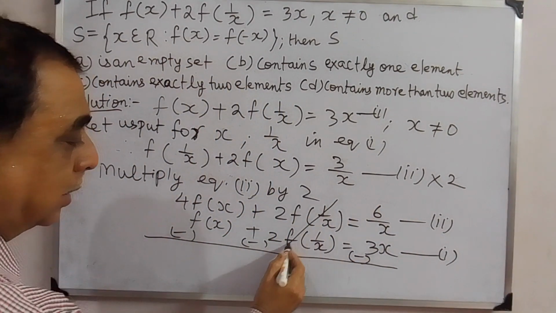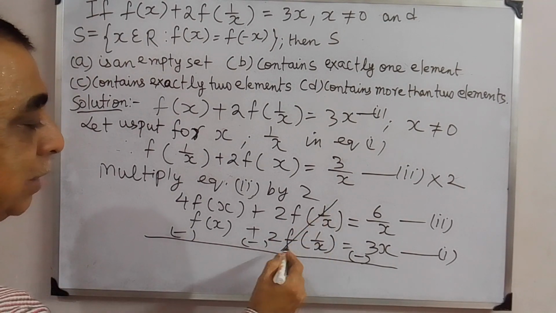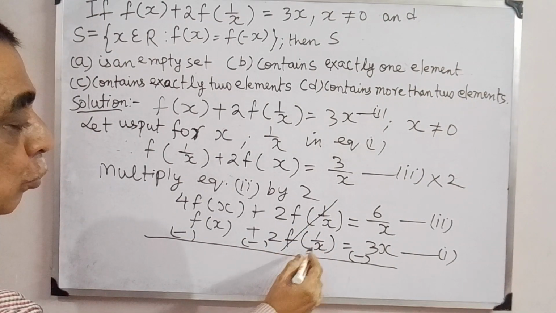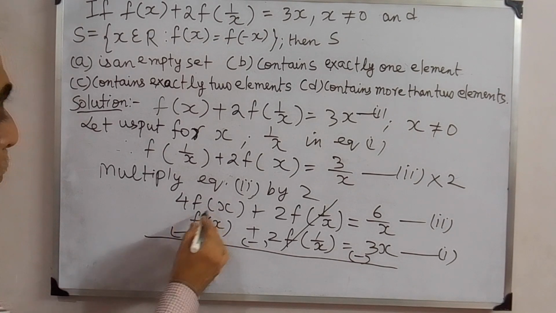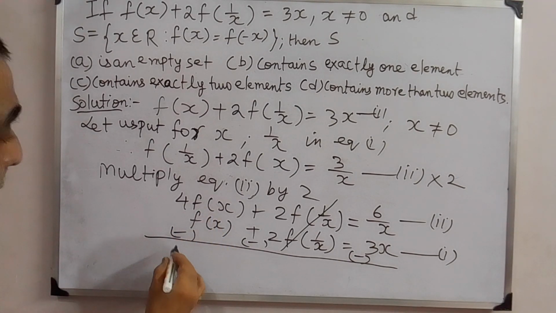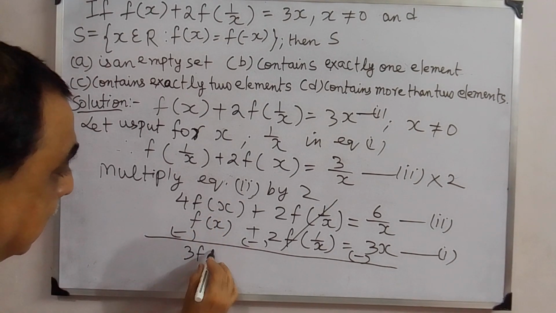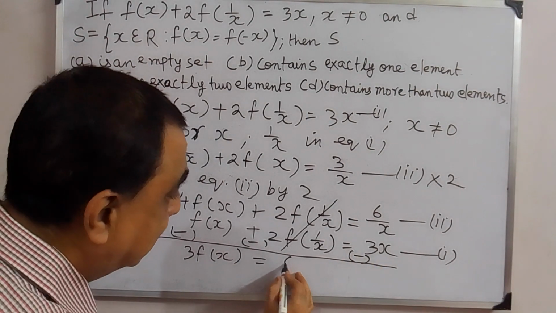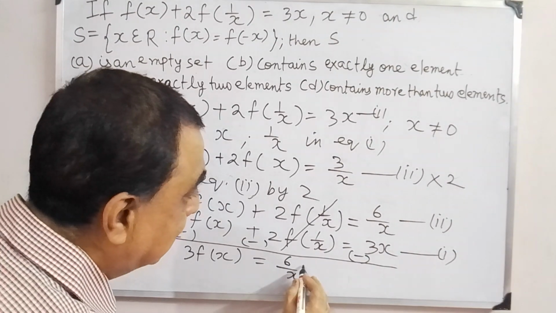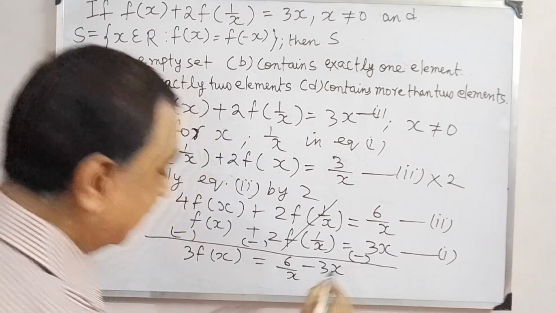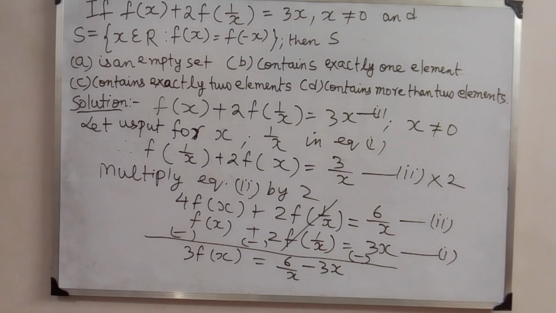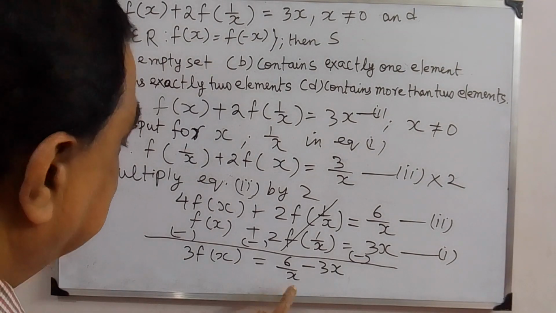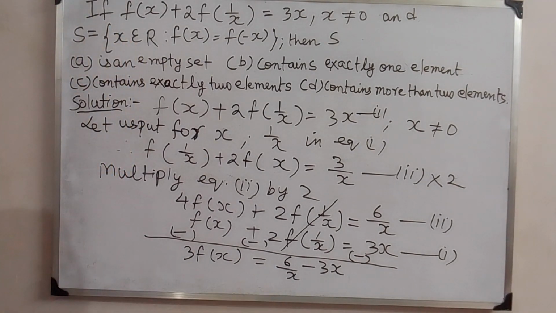So 2f(1/x) and minus 2f(1/x) will cancel out. 4f(x) minus f(x) will become 3f(x), and the right side will become 6/x minus 3x. So this is a relation between f(x) and x.